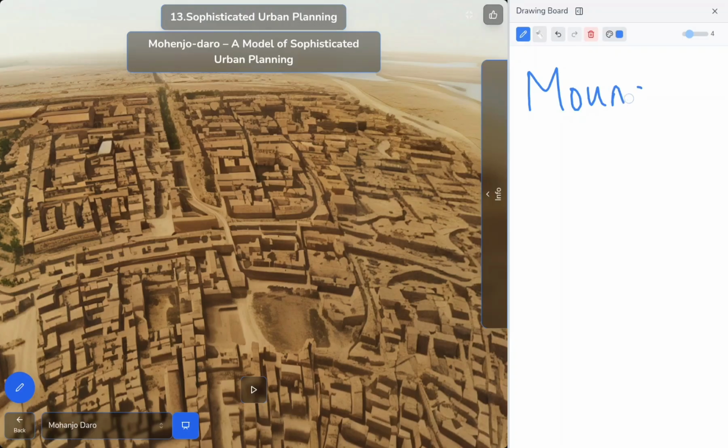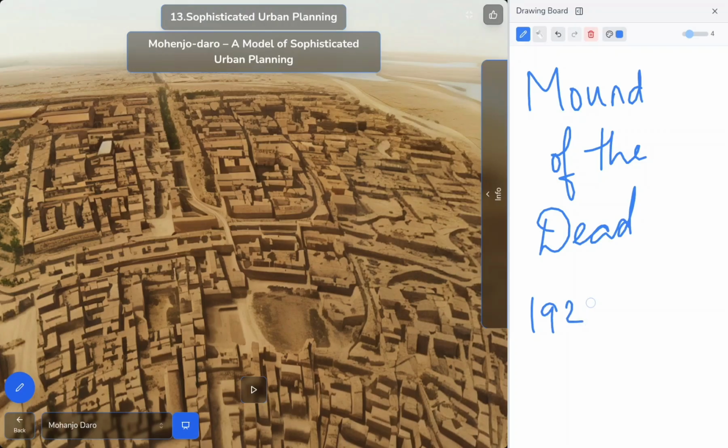Mound of the dead. Mohenjo-daro means mound of the dead. The city was discovered in the year 1922 by the archaeologist called R.D. Banerjee. R.D. Banerjee. You will get them in your blanks or in your exam.